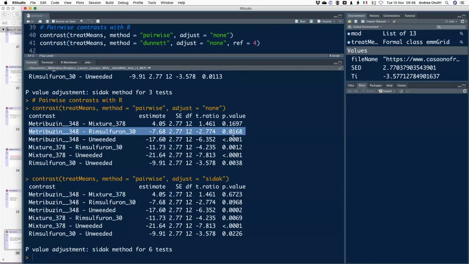In this case, if we do not adopt any correction, the contrast is significantly different from 0. But if we correct, this is no longer significantly different from 0. So you see that we are losing significance. We have a lower power. So we decrease our possibility of committing false positive errors.